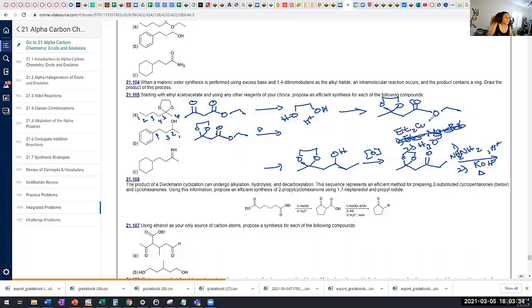So that's this rather. So I would use another Gilman here. Make this thing. And then pretty much the same thing that I did before. I got rid of the carbonyl. I would use something like the Wolff-Kishner.